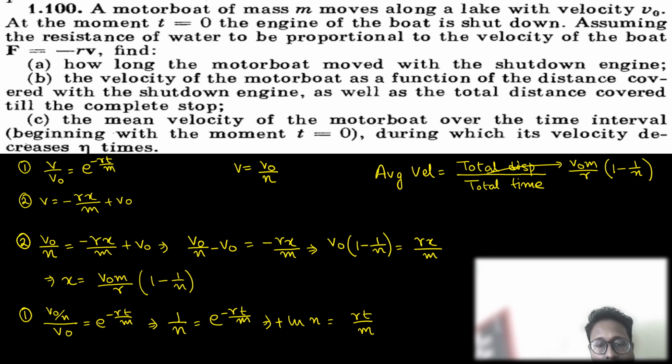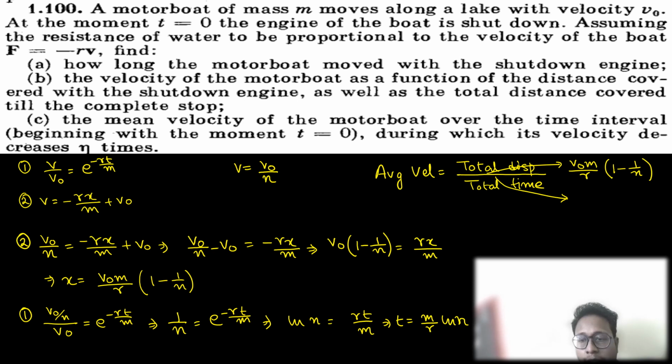Okay, ln n is equal to RT by m, or t is equal to m by r ln n. Now if I substitute the value of t here, the total time, that is the time when velocity becomes v naught by n, it is equal to m by r ln n.